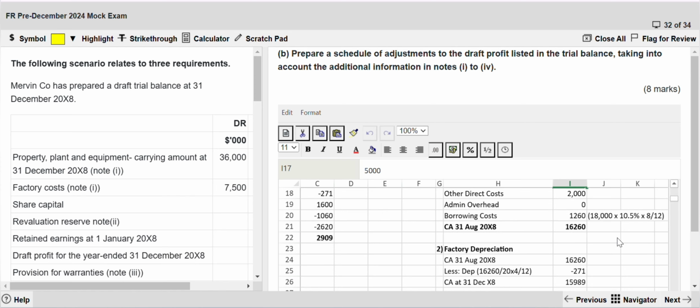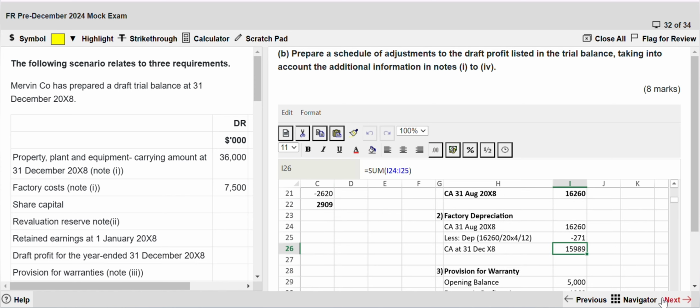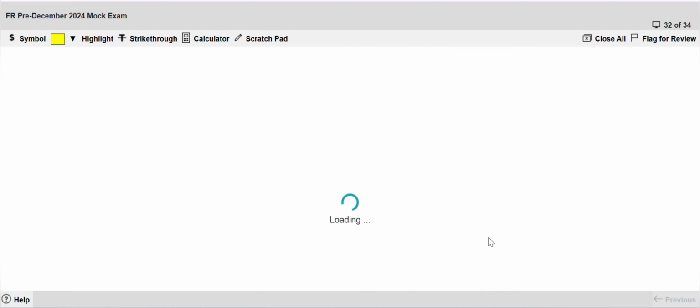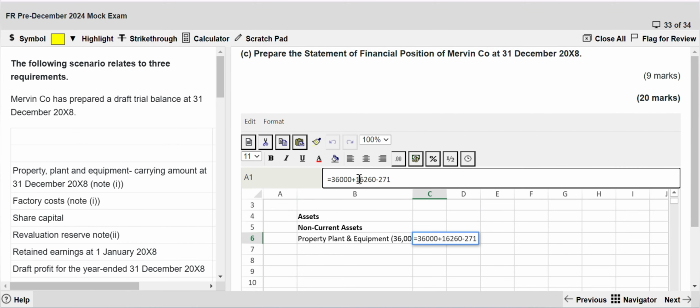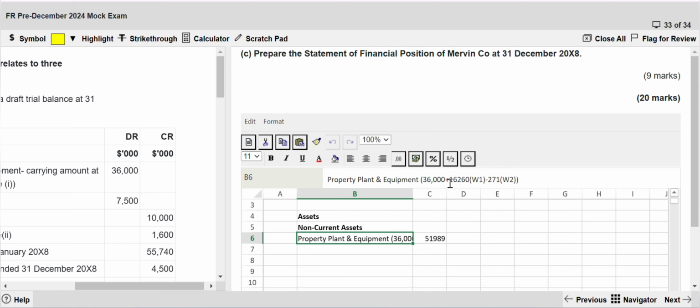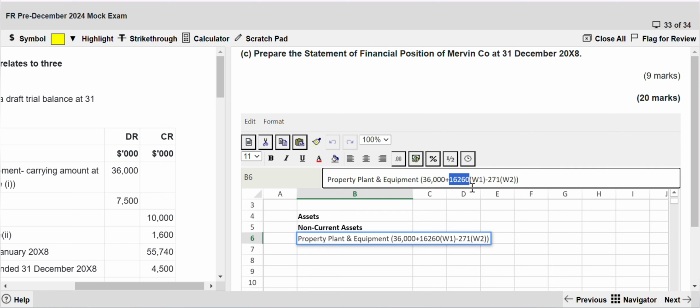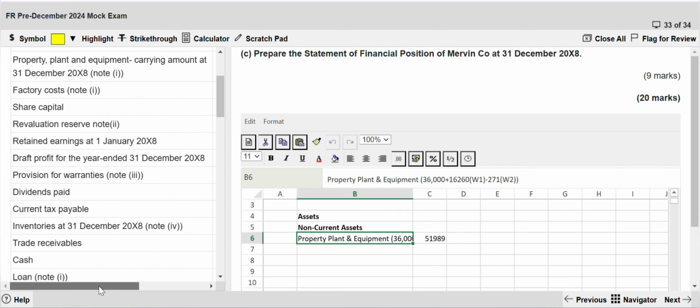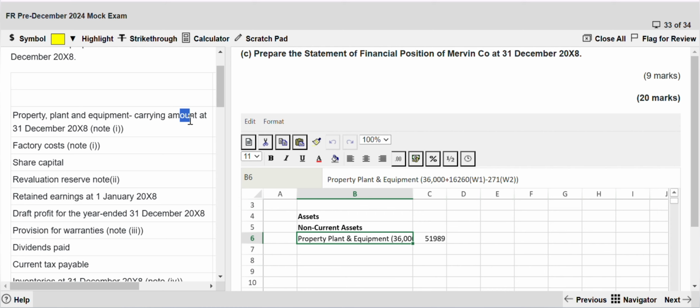This is only the case, no? Property, plant and equipment plus 36,000, 36,360. Yeah. My mistake is that it should not be 16,261 because the 8,000 has already been included in the property, plant and equipment of the previous year.